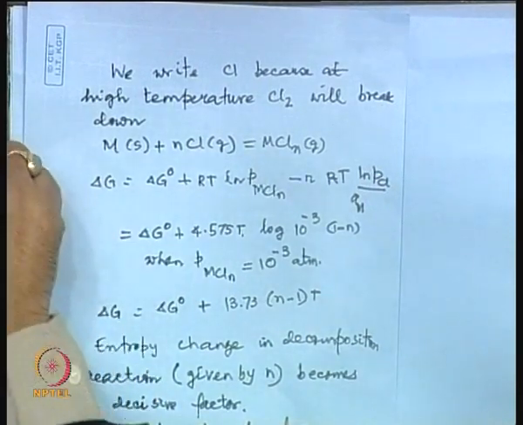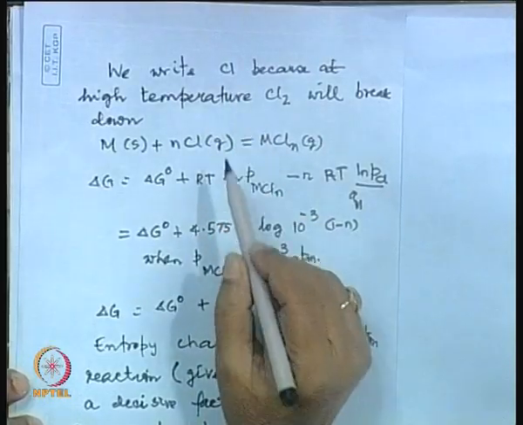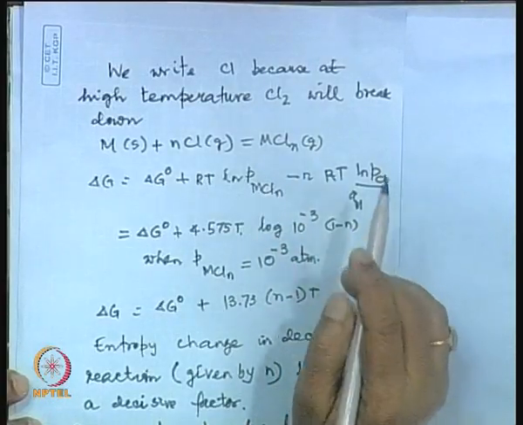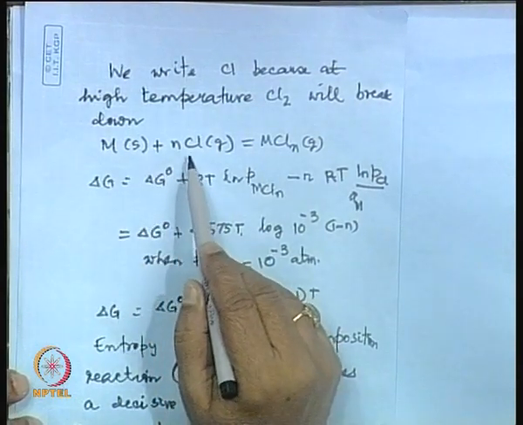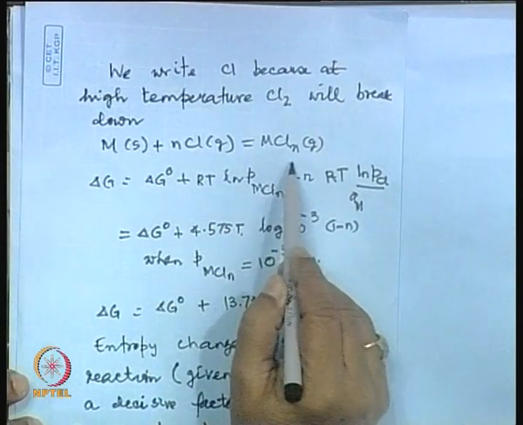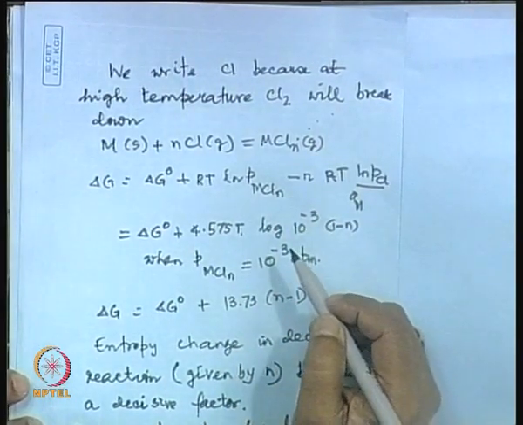As I said, we are bringing in iodine or chlorine gas, but we are writing in terms of Cl because of temperatures where we are forming the intermediate gas and the Cl2 dissociates. So, we can write the reaction as M plus N Cl giving you the intermediate gas MClN, where N can have different values for different metals.